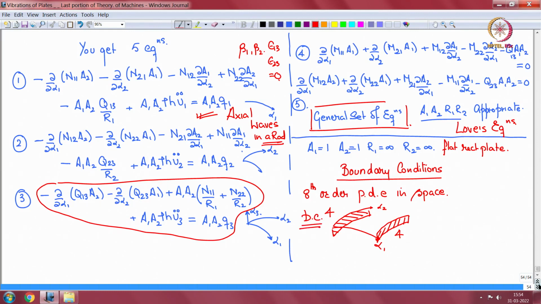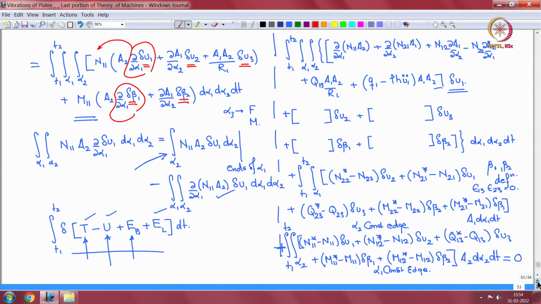Okay. But if you look at the boundary term, there is a boundary term at an alpha 1 constant edge. You have 1, 2, 3, 4 and 5 terms. You have 5 terms.